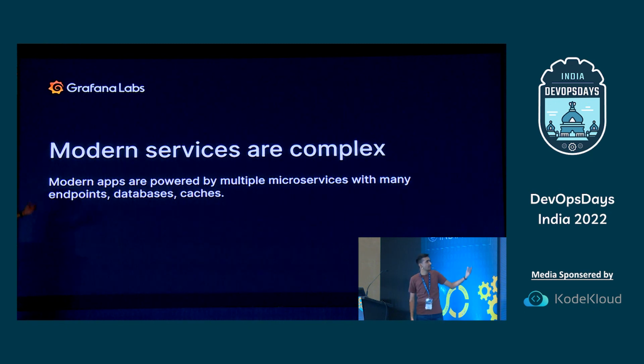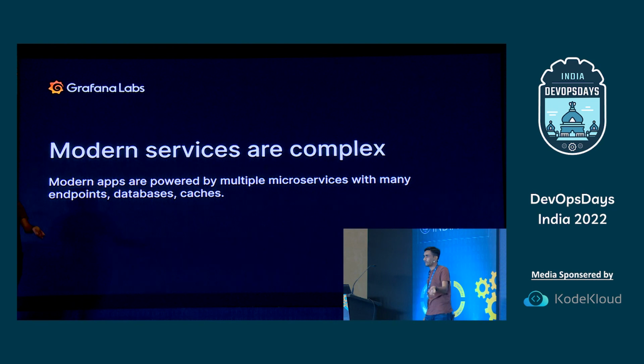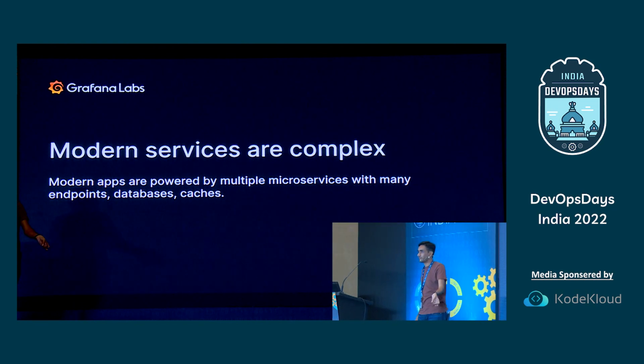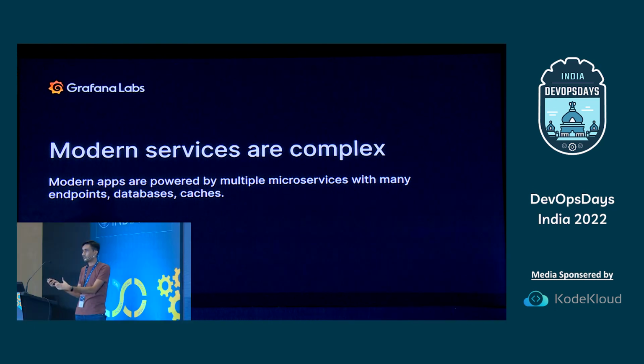First one is that modern web services are complex. Every single service will have some sort of a cache. It will have its own databases. Then there is some sort of retry logic happening. And if you have a sizable number of services and a single call that goes through all of them, and in some cases your calls will not be static. Depending on what the user asked for, you'll go to different services.